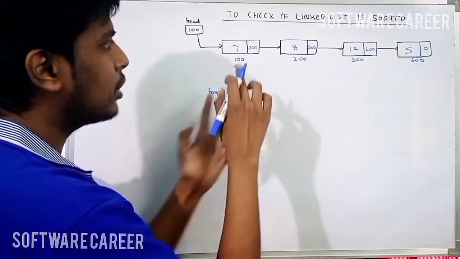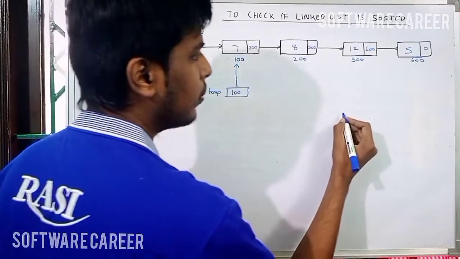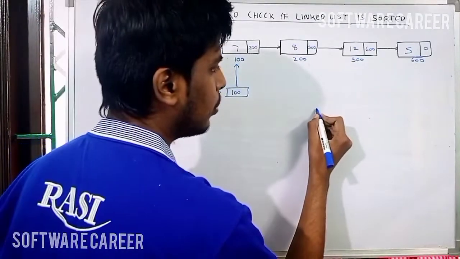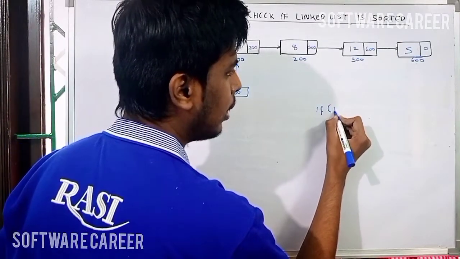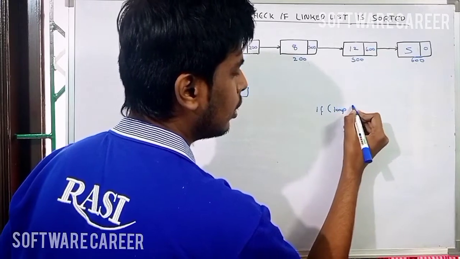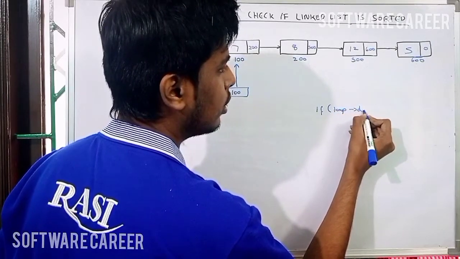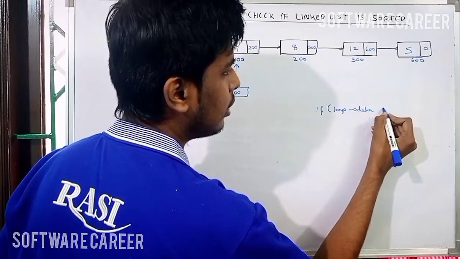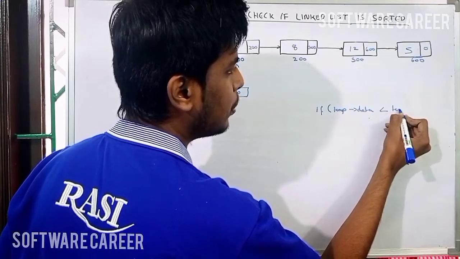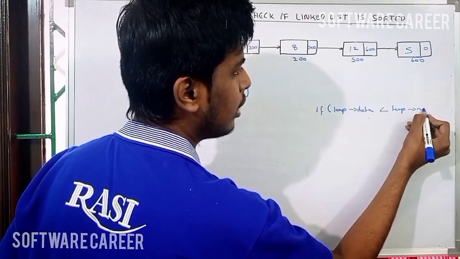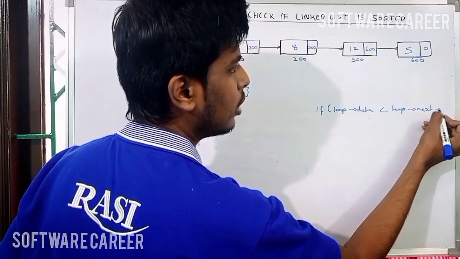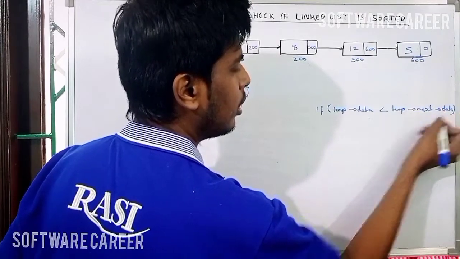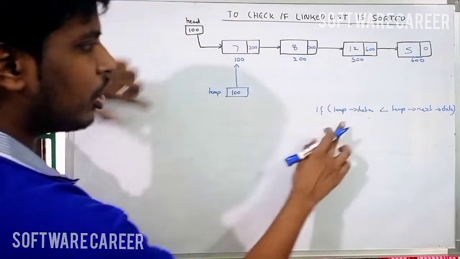Now I will compare the first two nodes. I'll write: if temp data is less than temp next data. Now see, what is temp data?